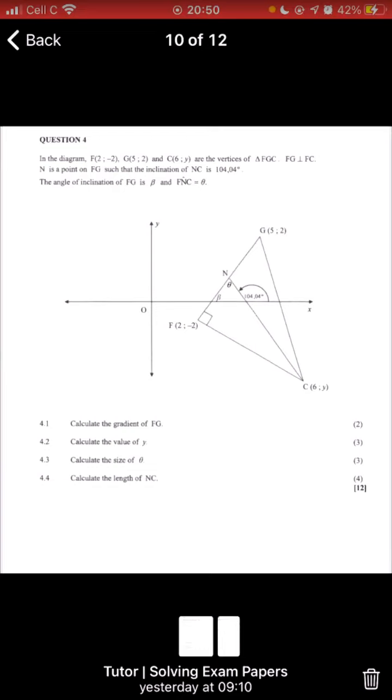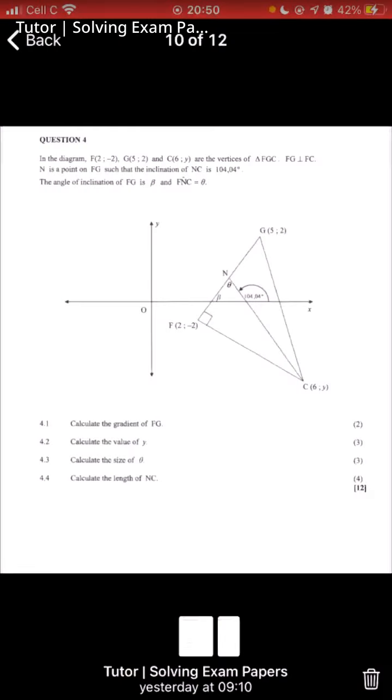FG is perpendicular to FC. N is a point on FG such that the inclination of NC is 104,04 degrees. The angle of inclination of FG is beta, and angle FNC in triangle FNC equals theta.